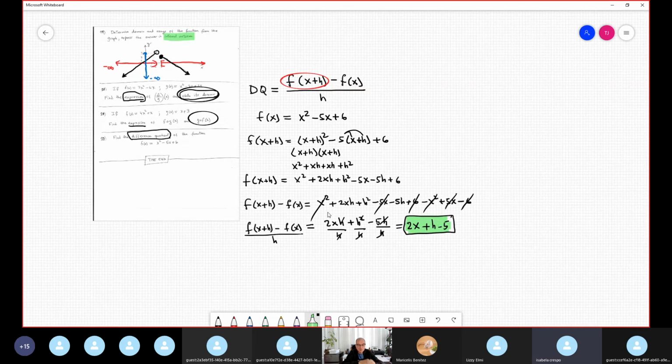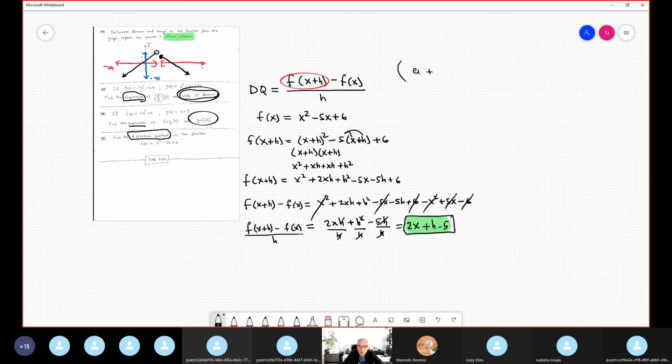Professor, can you use the perfect square formula, since it's like the same thing, where x squared plus xh plus xh plus h squared? Yeah, absolutely, yes. Actually, personally, I am doing it differently. Excellent question.